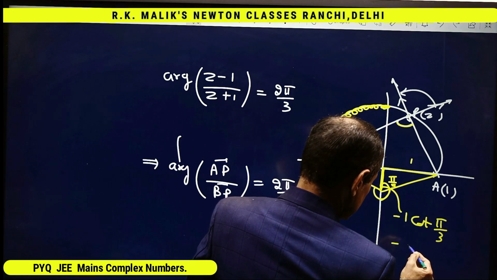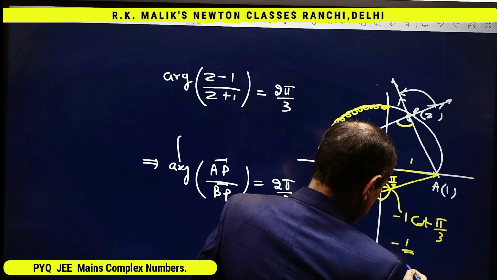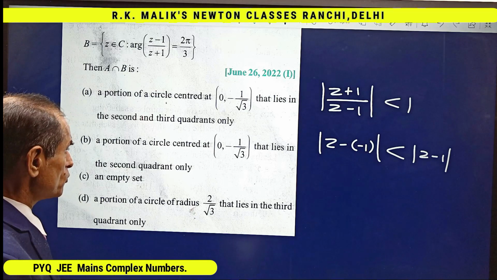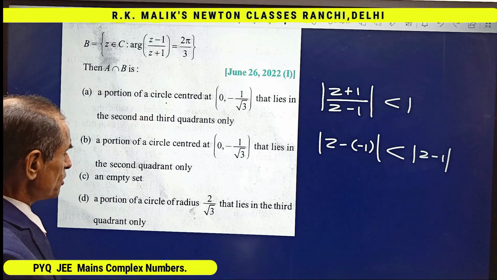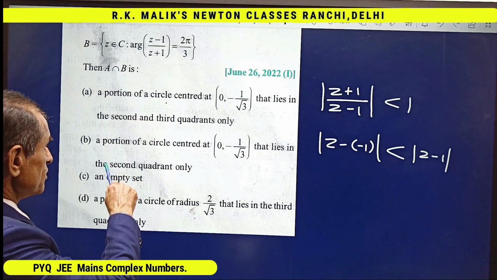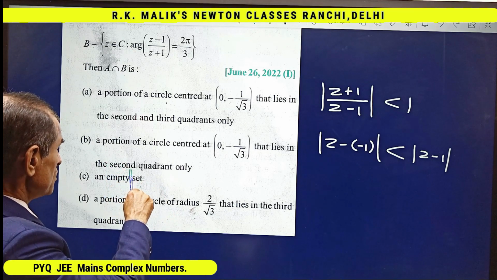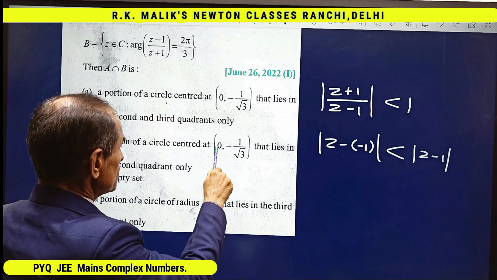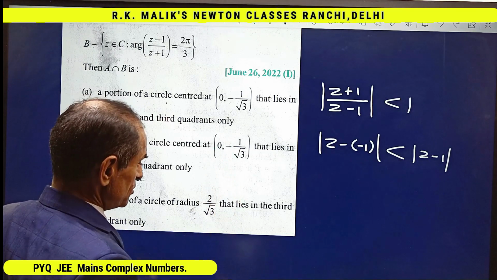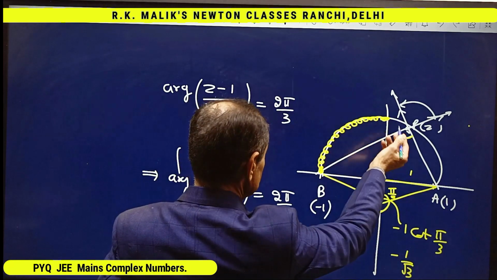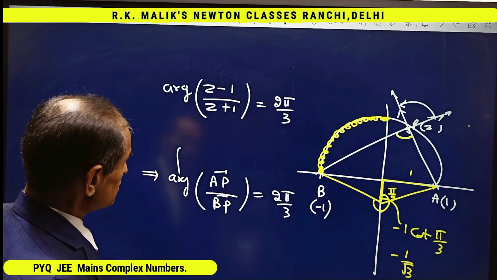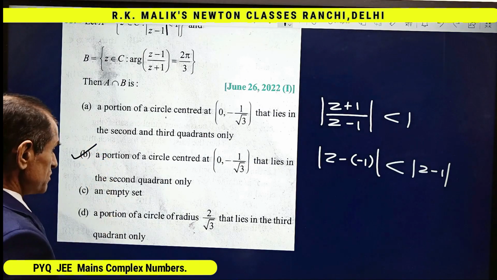That is minus 1 by root 3. Hence, we have concluded that the portion of the circle lying in the second quadrant and with (0, minus 1 by root 3) as the center of the circle, that is these points, will satisfy both the conditions. Hence I can say B is the correct choice.